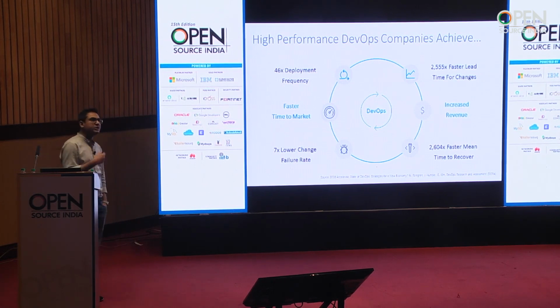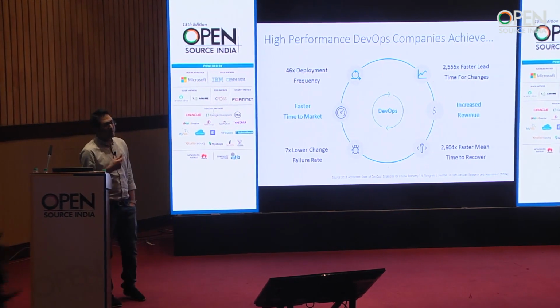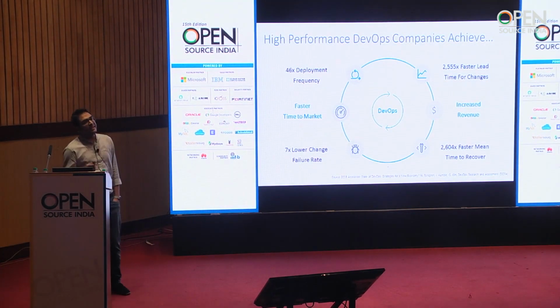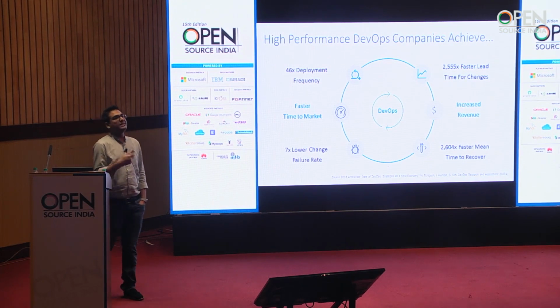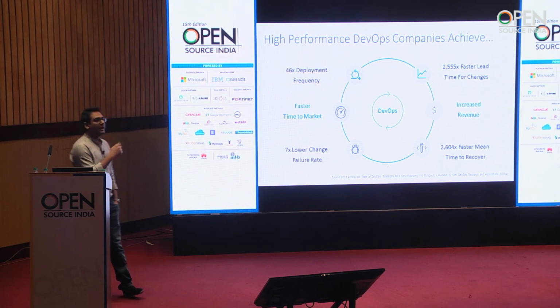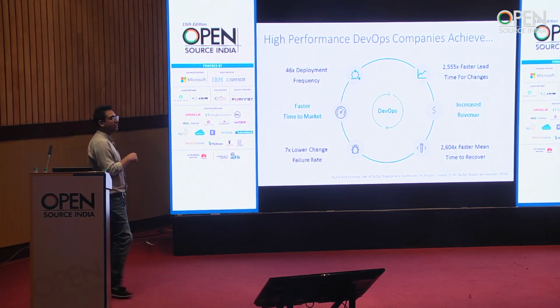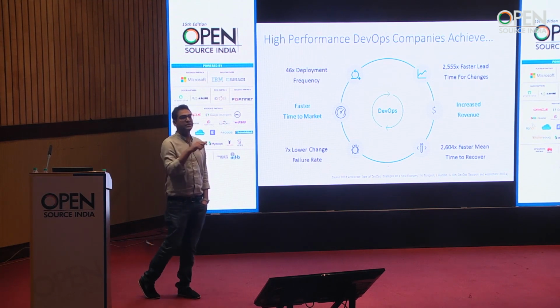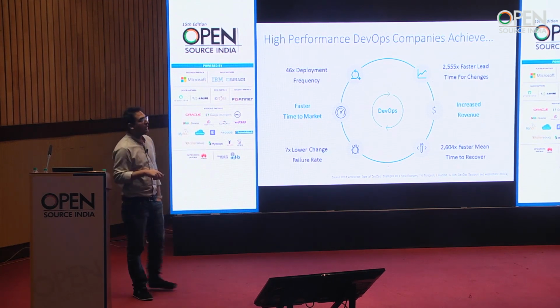So DevOps allows you to do all these things. By virtue of that, you achieve a faster time to market, which cycles into a loop where you have increased revenue. The end goal is that with DevOps, you will have faster delivery to the customer, so your customers are happy, and hence you will have more revenue.